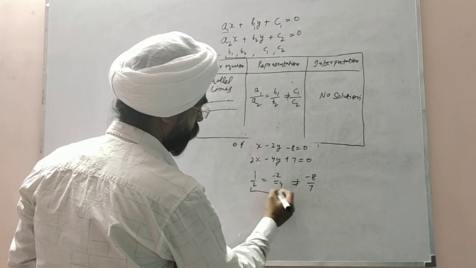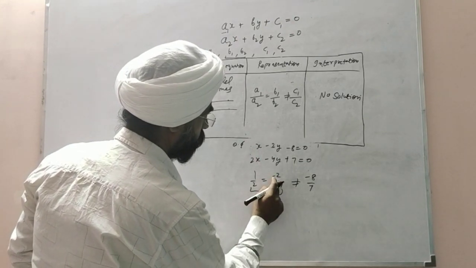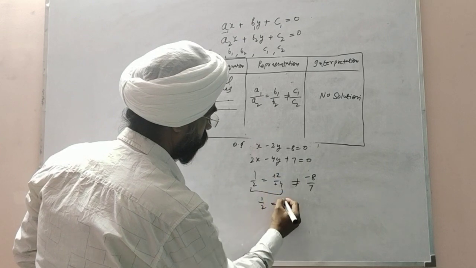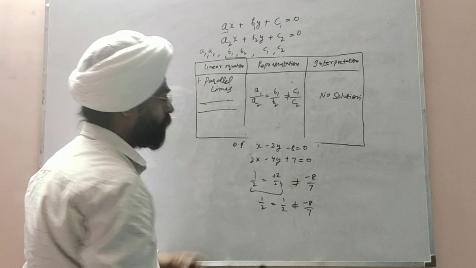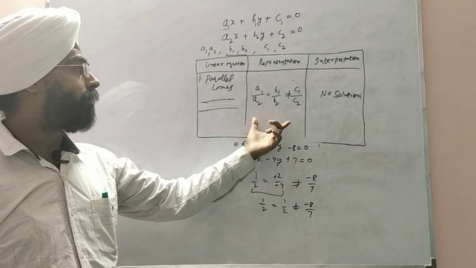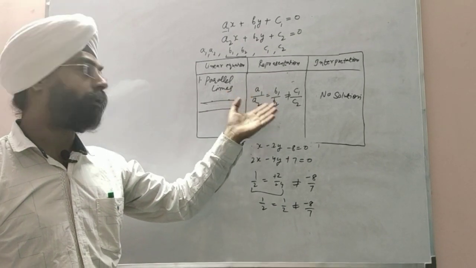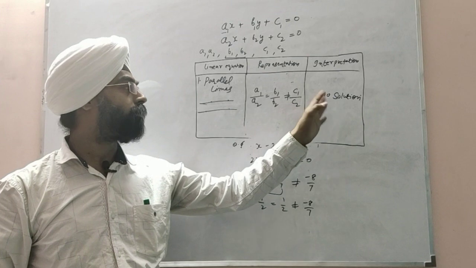These two are equal, 1 by 2 and minus 2 by minus 4 which is again 1 by 2, and not equal to minus 8 by 7. So this shows the equations of parallel lines. This is the formula: A1 upon A2 is equal to B1 upon B2, not equal to C1 by C2. So it gives the interpretation of no solution.